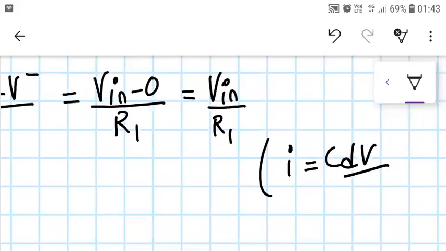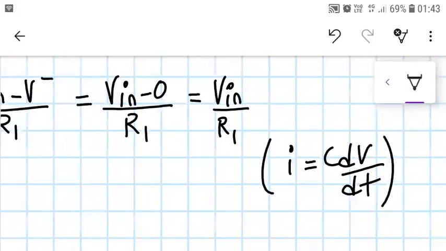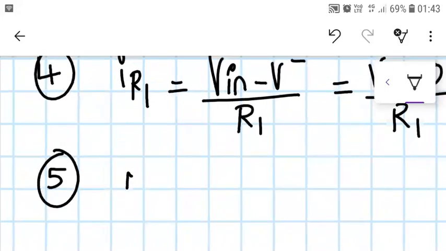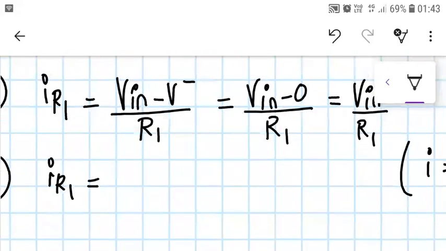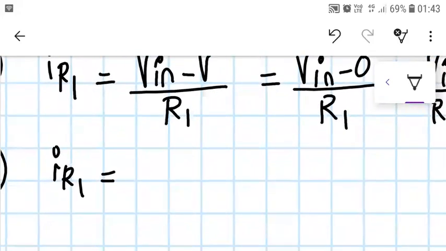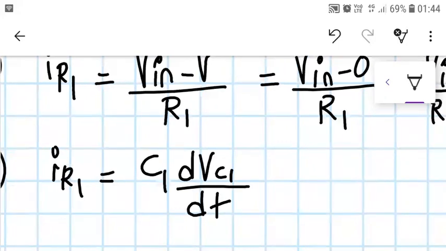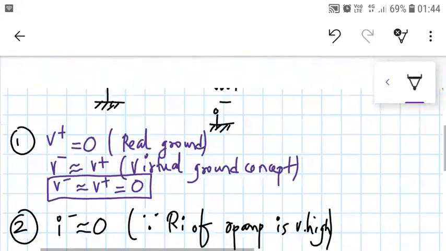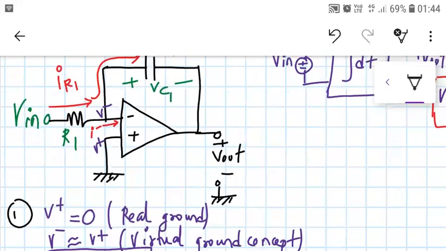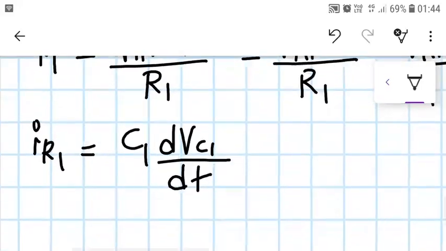In this case, the current is IR1 only, the same current passing through the capacitor. So this will be equal to C1 dVC1 divided by dt, since the voltage across the capacitor we have determined as VC1.